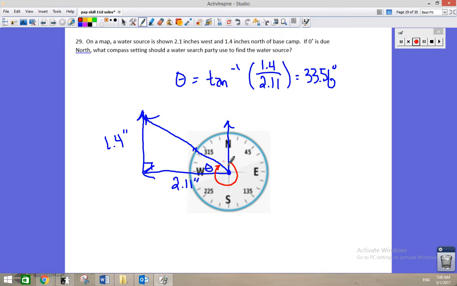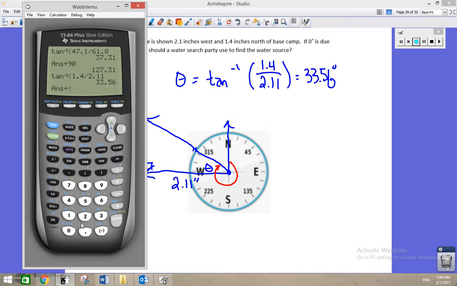So we want to take 270 plus this. So we need this plus 270. So this is 303.56, because from here to the start of this angle right there is 270, and then we found this extra part right there is the 33.56.